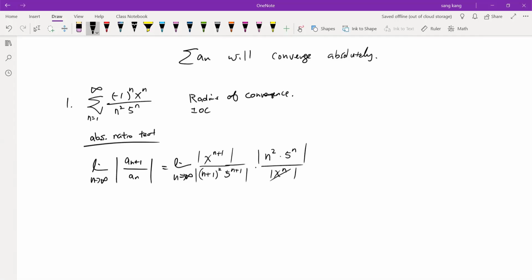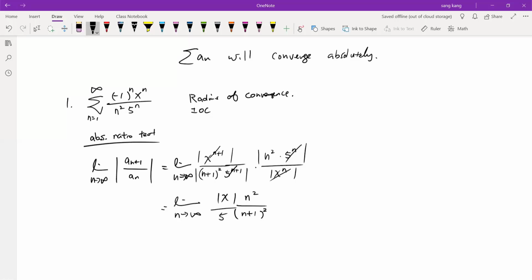Let's make some cancellations. Actually, I can't cancel that one, but I can cancel this. I'm left with x times n squared over (n+1) squared, also divided by 5, since I have a 5 to the 1 power here.